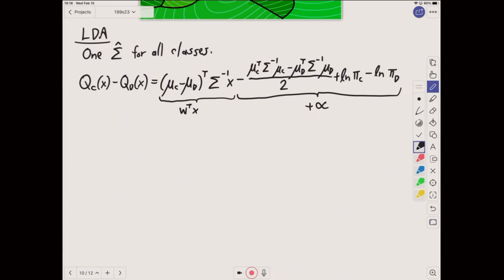Now, once you've seen this expression, you can bring it back to the case where you have many different classes. What if I've got 10 or 100 classes and I want to choose the best one?